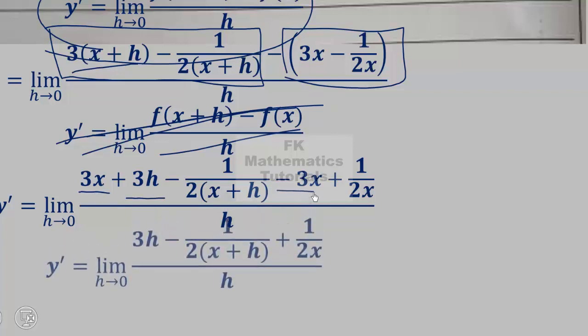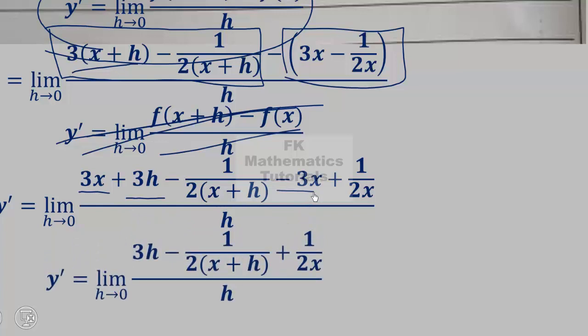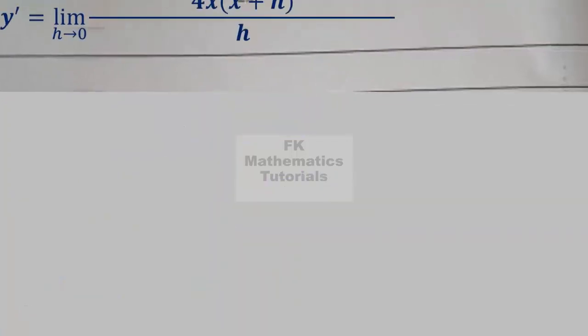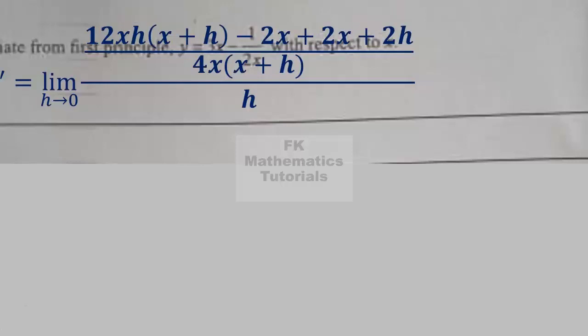So we are left with this expression here. So we need to collect LCM in the numerator. So the LCM for the numerator will be 4xh into bracket x plus h. So that will give us this expression here. When we collect the LCM, we get this expression for the numerator.